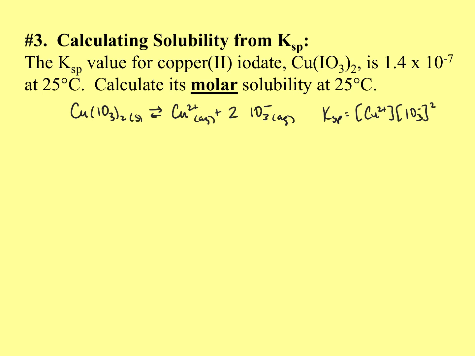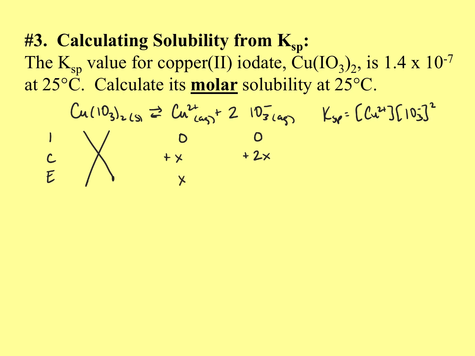So let's go ahead and start off with this. We need to make an ICE table. And we're going to ignore the Cu(IO3)2 here. Before any dissolution has occurred, the concentrations of these are both 0. And this is going to increase by a factor of x, and this one would increase by a factor of 2x with the 1 to 2 ratio.